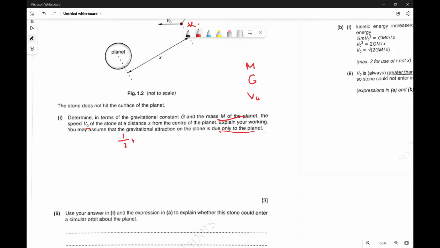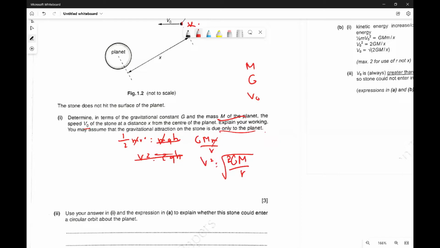Half mv square is equal to mgh. So m is eliminated. v square is equal to 2gh. Sorry, we won't use that formula for potential energy, we'll use the formula GM over r. Yes, you're right. Not mgh, we'll use GMm over r. So v square is equal to, m is gone, GM over r, multiplying by 2 as well: 2GM over r. So v is under root 2GM over r. This is the answer.